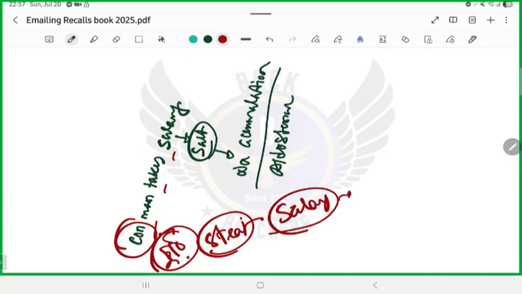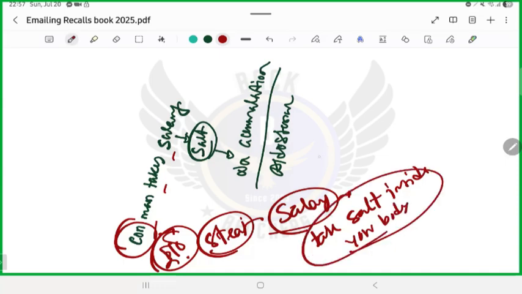So what happens? It will take salt inside your body. Salt accumulation. Conn will accumulate salt.